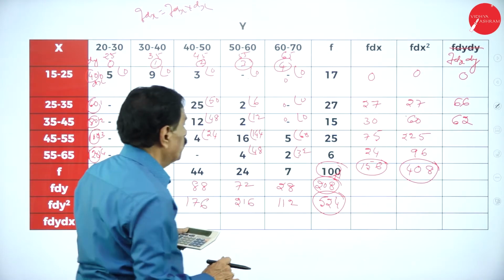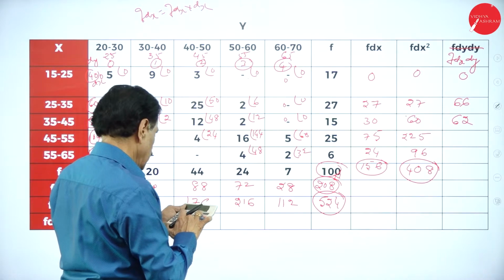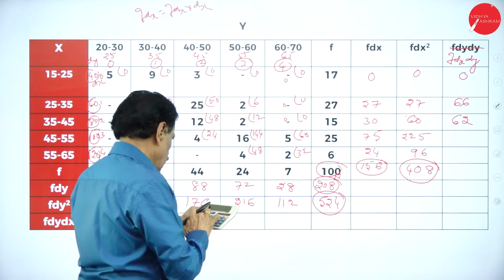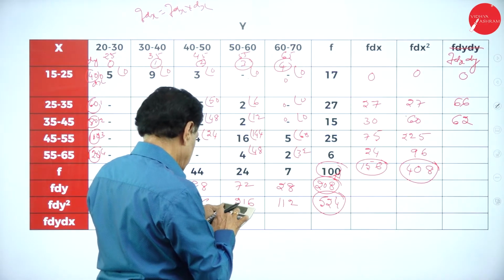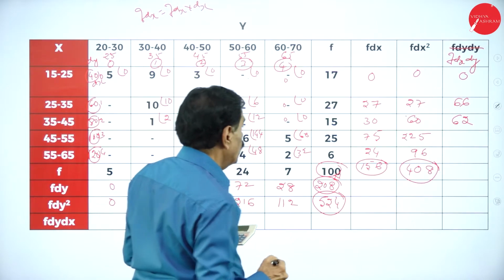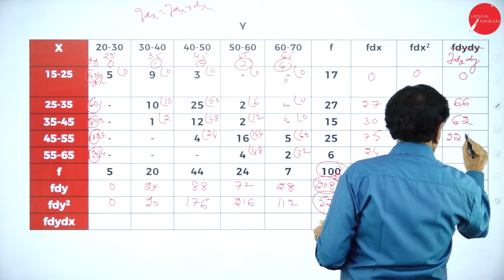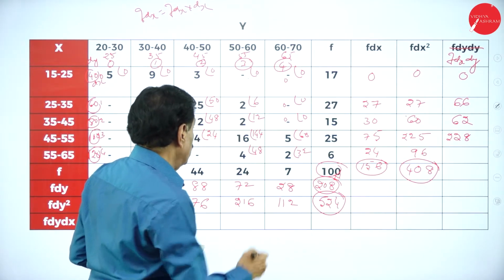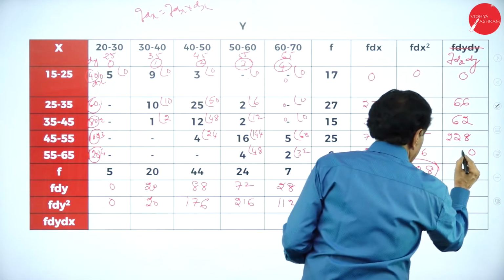Here 24 plus 144 plus 60, 228. Next, 48 plus 32, 80.